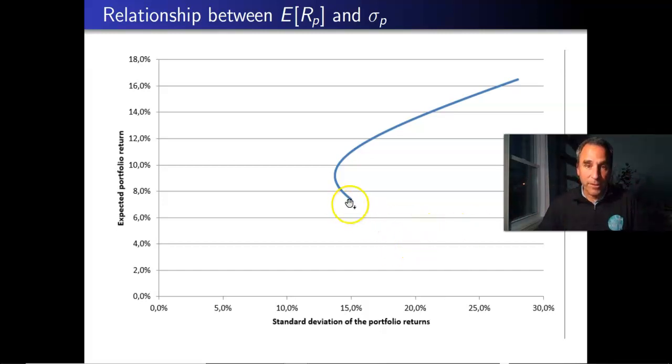So this is B. These are the characteristics of B. These are the characteristics of A. Here, 100% of the weight is in B. Here, 100% of the money is invested in A. And these are the combinations of standard deviation and return we can obtain by shifting money from B to A.